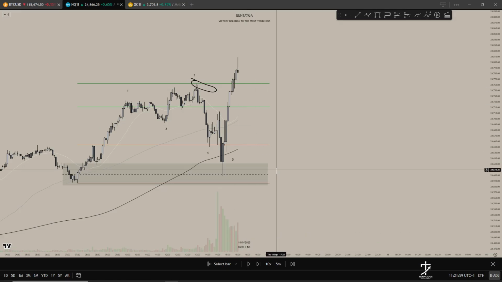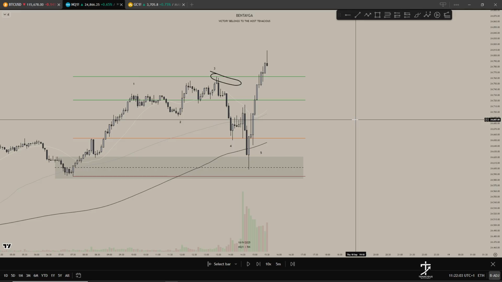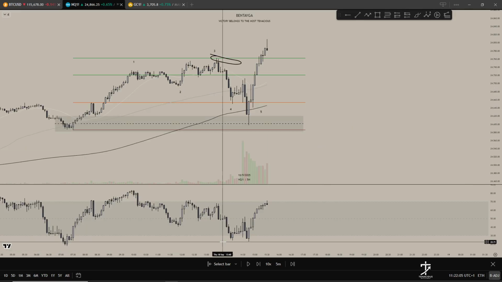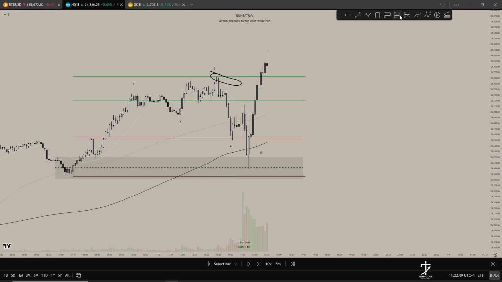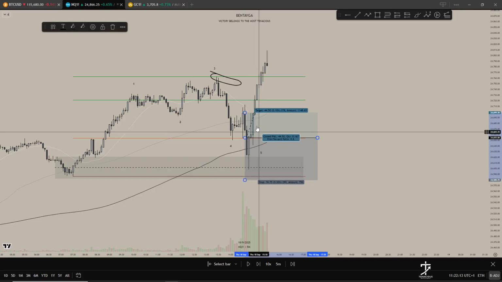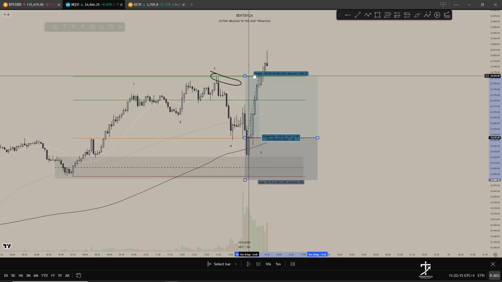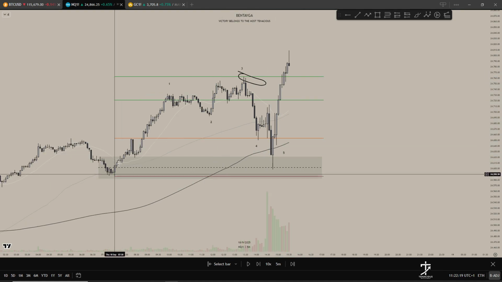So again, for those of you asking, what could I have used as my entry confirmation? What you could have used would have been the 618 limit based off your 5-minute time frame, where obviously you get the fixed 1.6R.